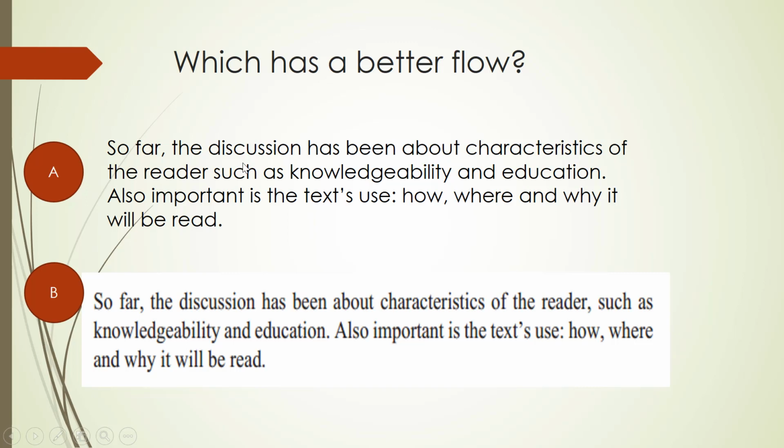So far, the discussion has been about the features, the characteristics of the reader, such as knowledgeability and education. Also important is the text used, how, where, and why it will be read. So, what do you think about the answer? Which one has a better flow of effort here?